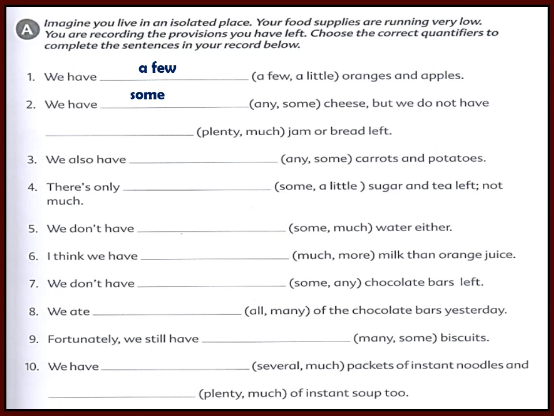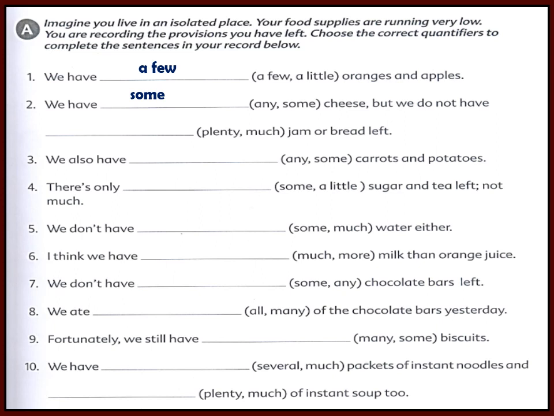So this is a non-count noun. That's why we will use some here. And keep in your mind that we use some in positive sentences and any in negative sentences or questions. So we have some cheese. We don't say we have any cheese. This is wrong.